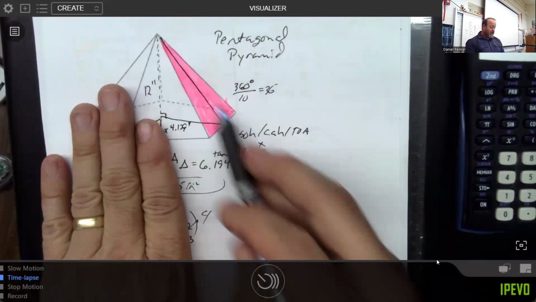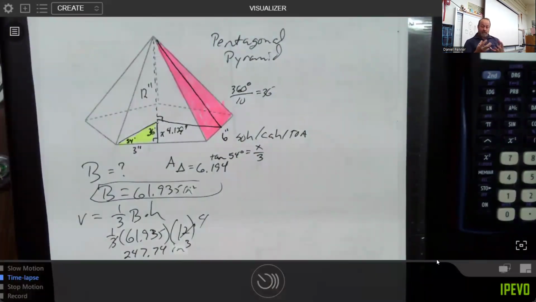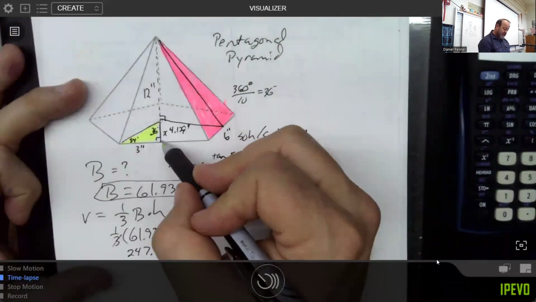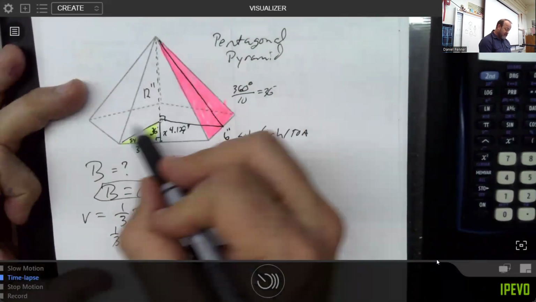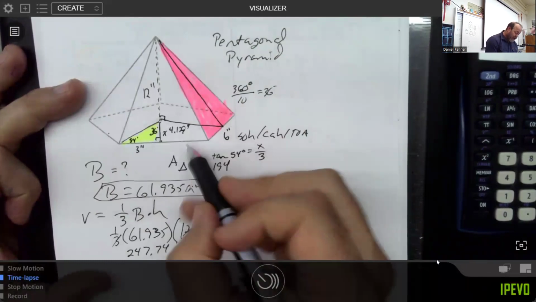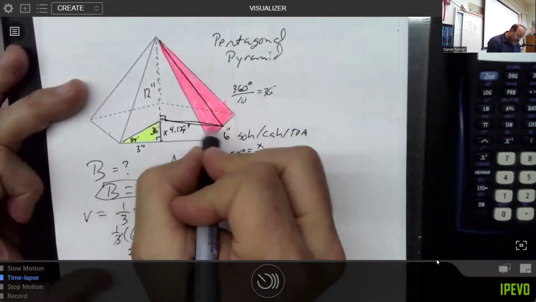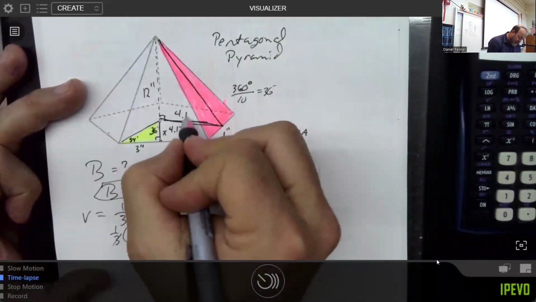And although the picture is a little deceptive, the distance from the center to here is the same as the distance to all of these centers. So I already figured out that this distance right here is 4.129.